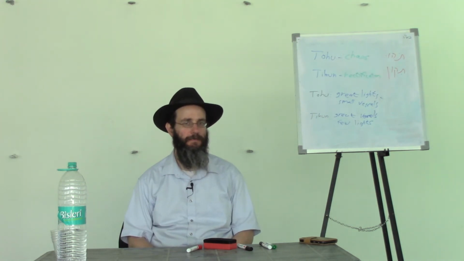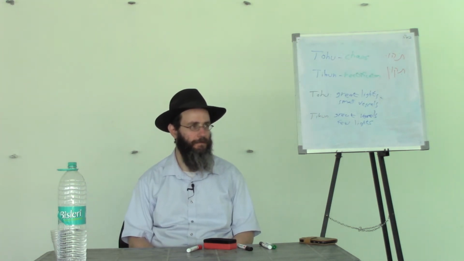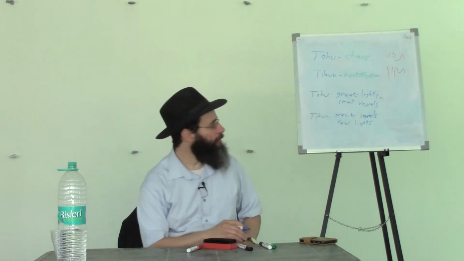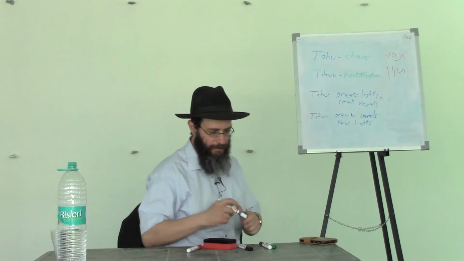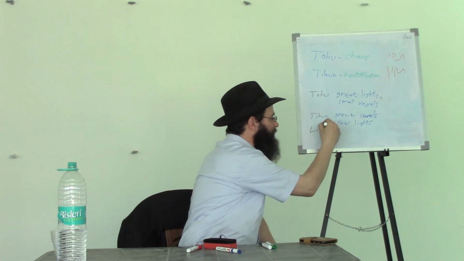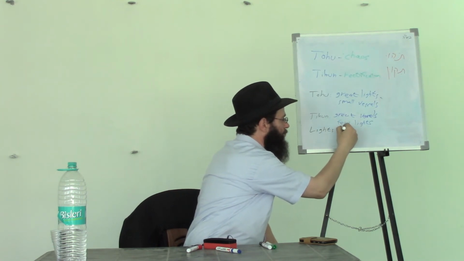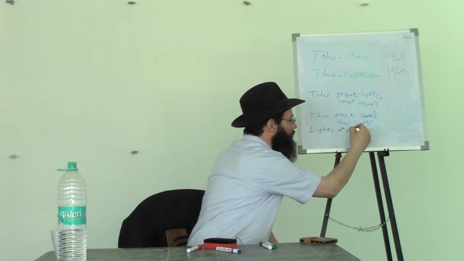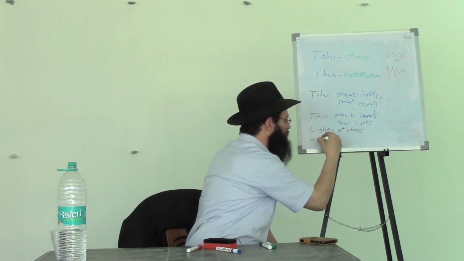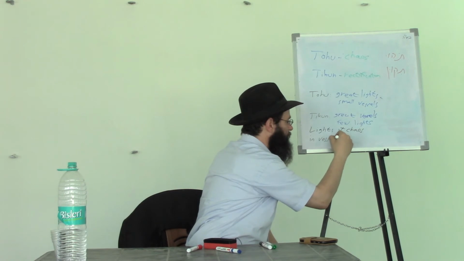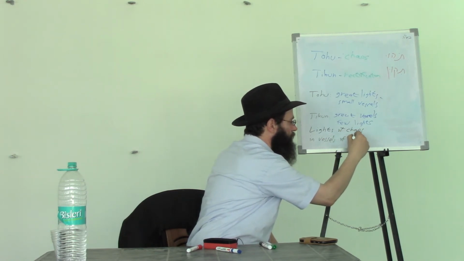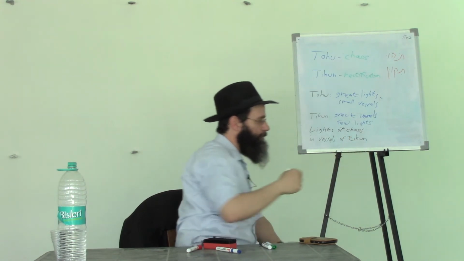Why should it be either or? It can be both. So the combination is lights of chaos in vessels of Tikkun.